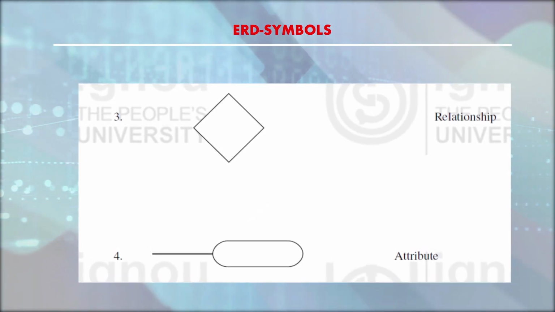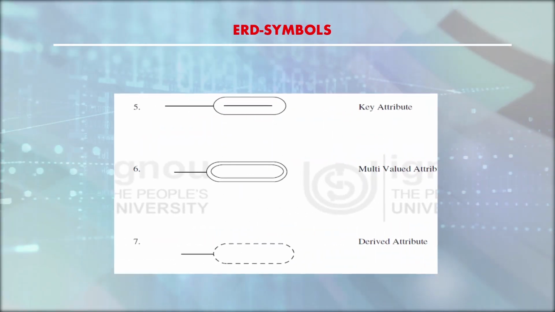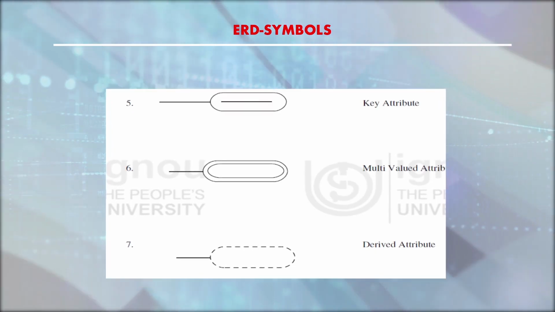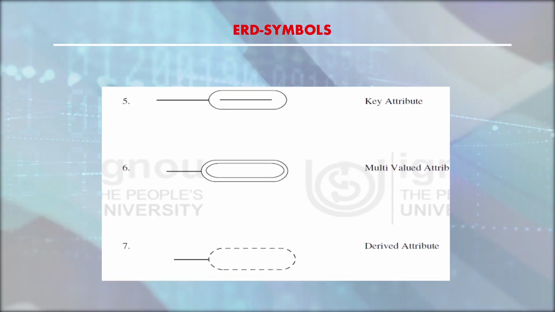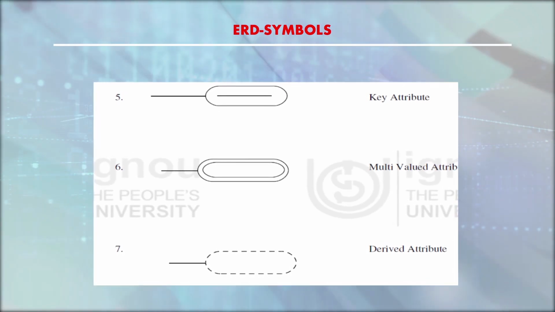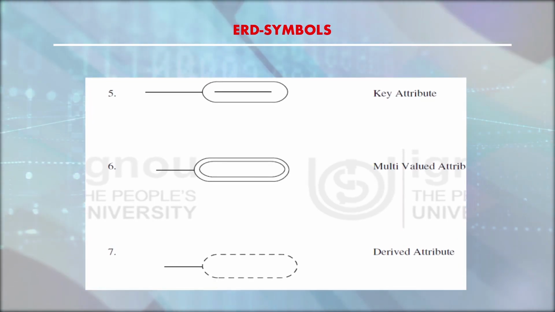All these symbols are shown in the diagram. Now, which symbol is used for the key attribute is shown in the diagram here, and if you have one specific attribute that has a combination of multiple values, how you will show that is also shown in the diagram here.